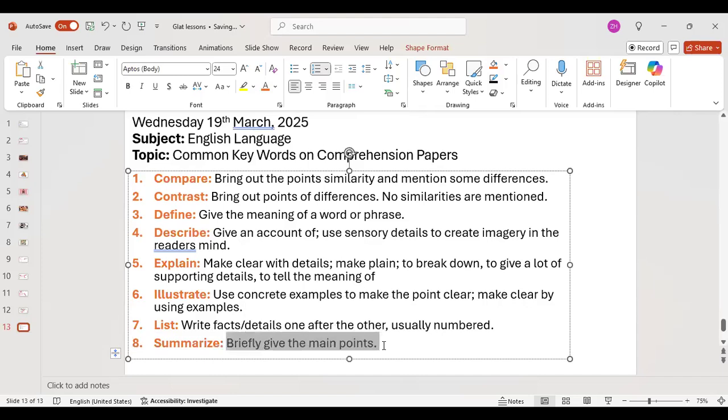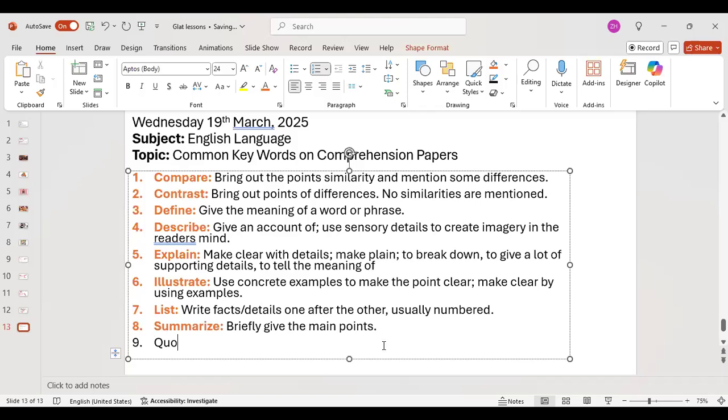Okay. And then if they say quote, what does that mean? As in put quotations to show that you get it from someplace else.